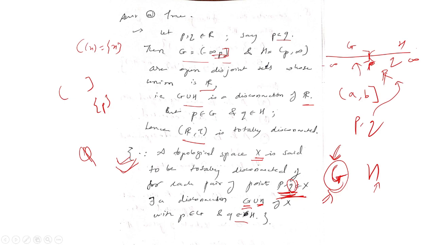Here P and Q are arbitrary, and they are not related to each other. See the definition: a topological space X is said to be totally disconnected if for each pair of points P, Q, there exists a disconnection G union H of X such that P will be part of G and Q will be part of H.